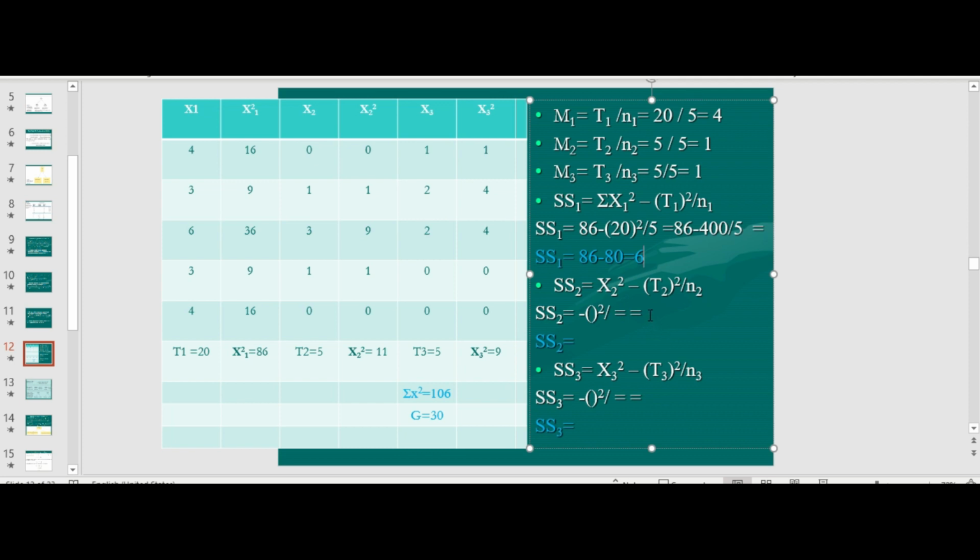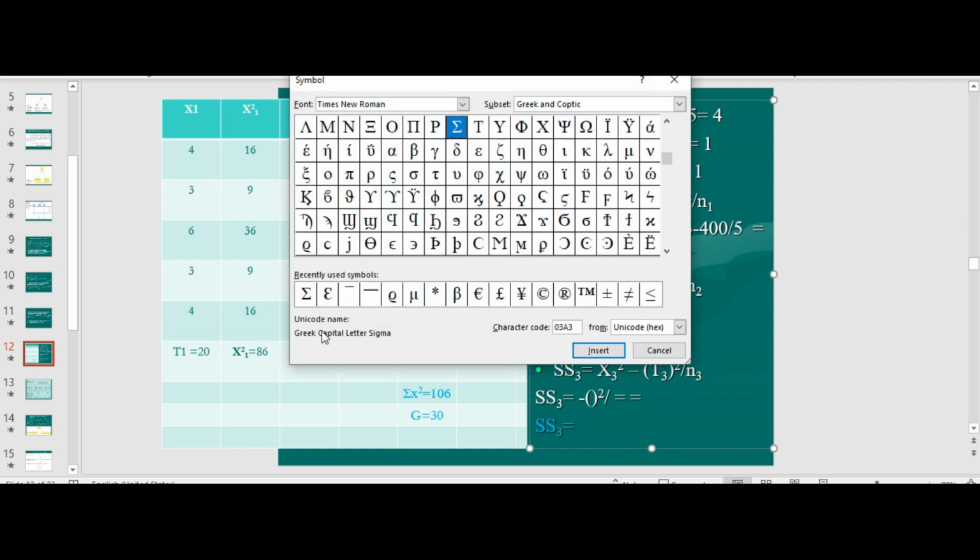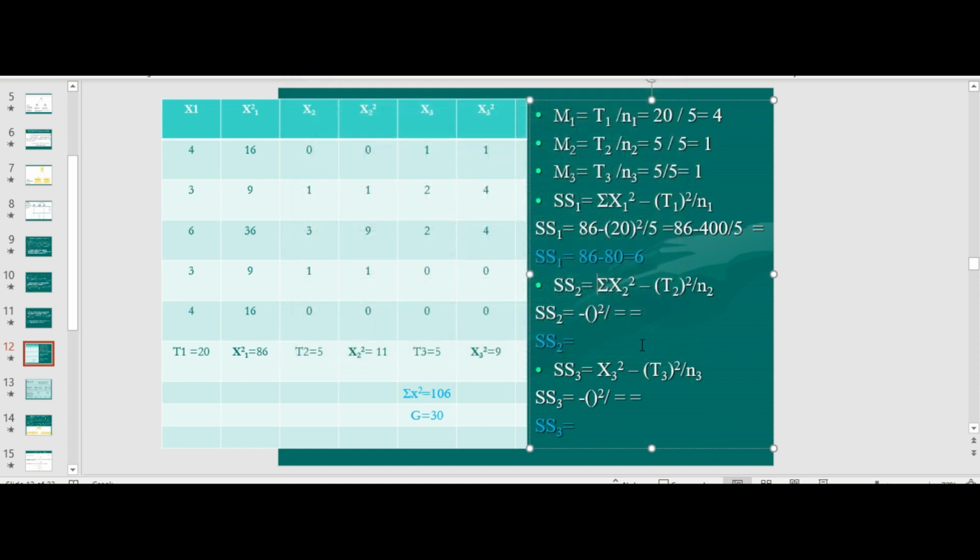In the same way, we will calculate SS2, means the sum of squared deviation for group 2 or the sample 2. We will take the square of each value. 0 का स्क्वायर ऑब्वियसली 0 ही होगा, 1 का भी 1 ही होगा, 3 का 9 एंड 1 का 1, और इन सबको जब हम प्लस करेंगे तो वो हमारे पास आ जाता है 11.